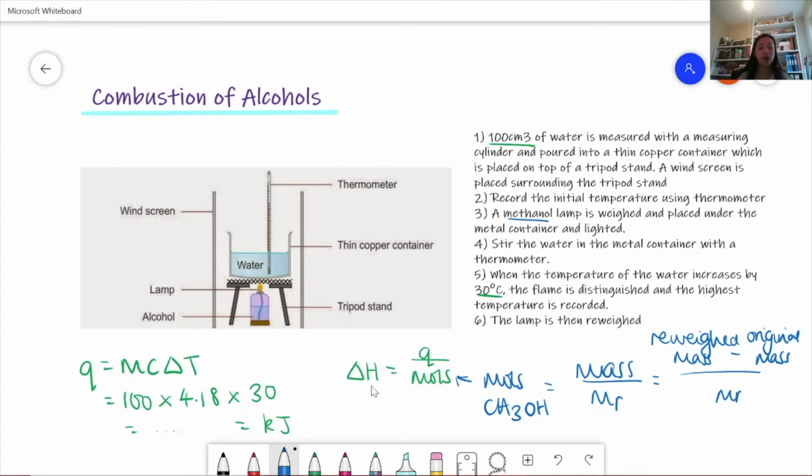And then we have the moles. So then we just use this equation, delta H equals, and then use this thing that we've got in kilojoules and divide it by moles.